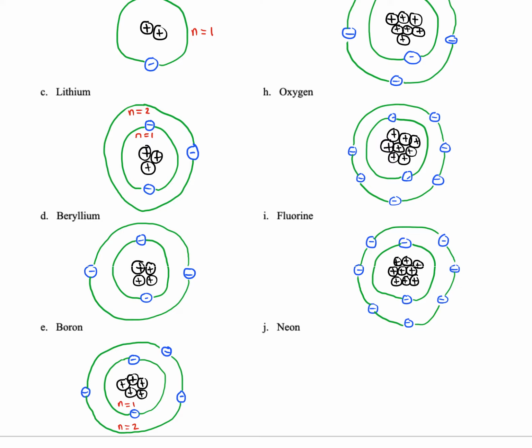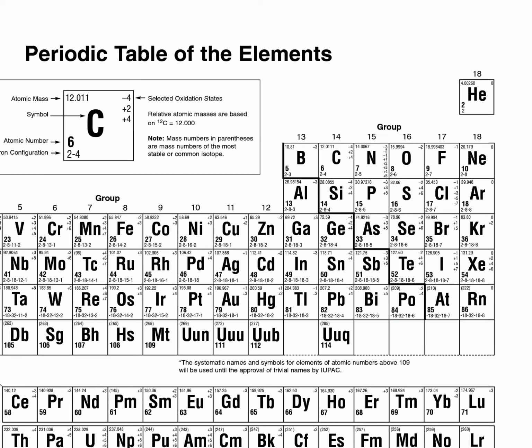All right, that brings us to a special element, neon, which is at the very end of the periodic table. Now, it's significant to be at the end, and what it means in this case is that neon is going to have a full outer shell of electrons. That second shell can only hold 8 electrons max.